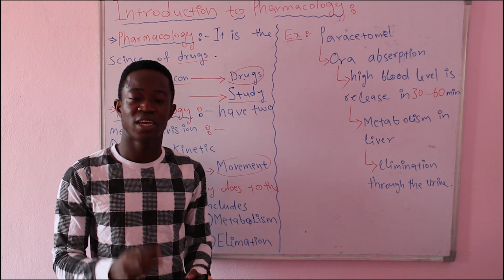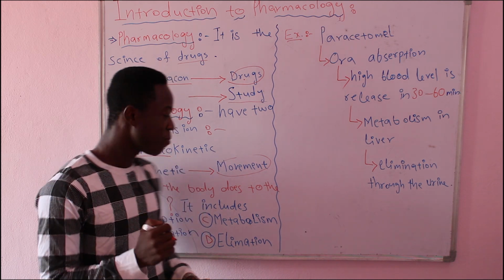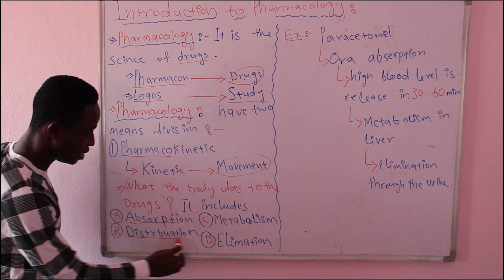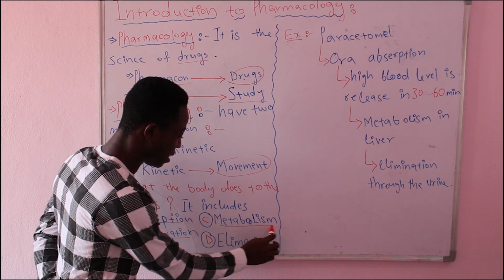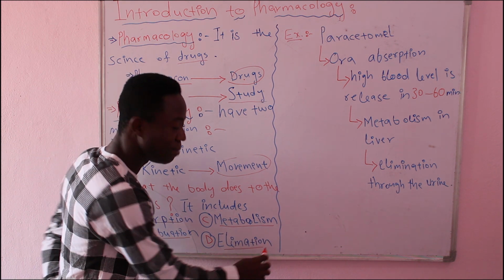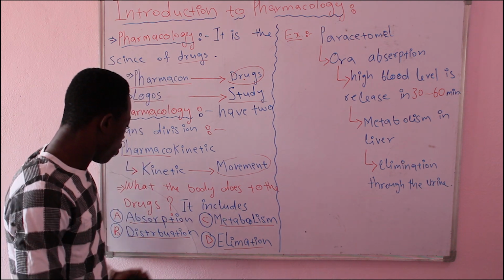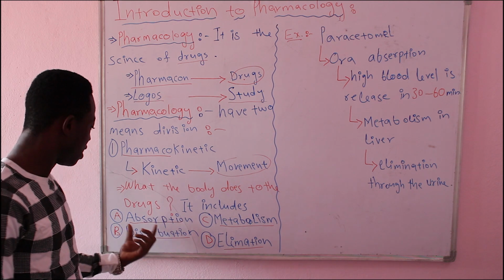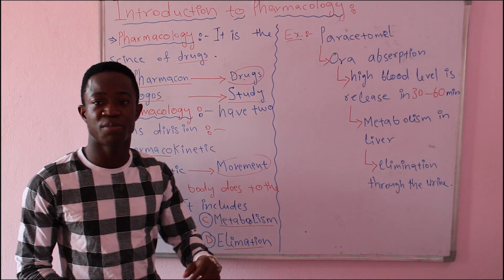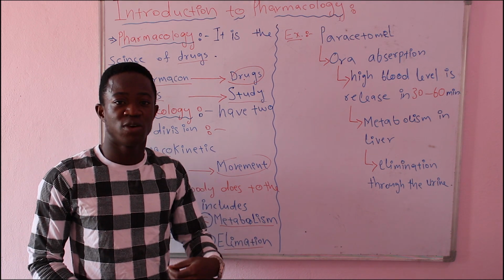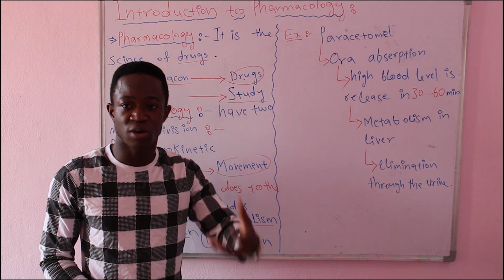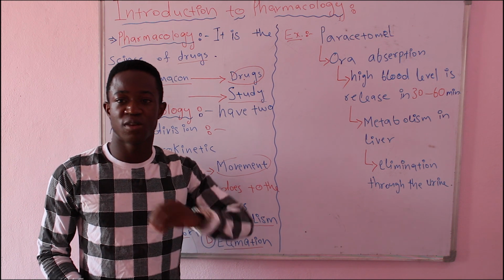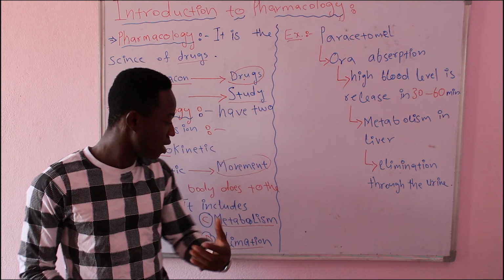There are four parameters of pharmacokinetics. Those four parameters are absorption, distribution, metabolism, and elimination. In our upcoming videos, we'll be looking at them in depth. Absorption: how the body is going to absorb the drugs, and what organs are responsible for absorption. Distribution: how the drugs are going to be distributed throughout the body.